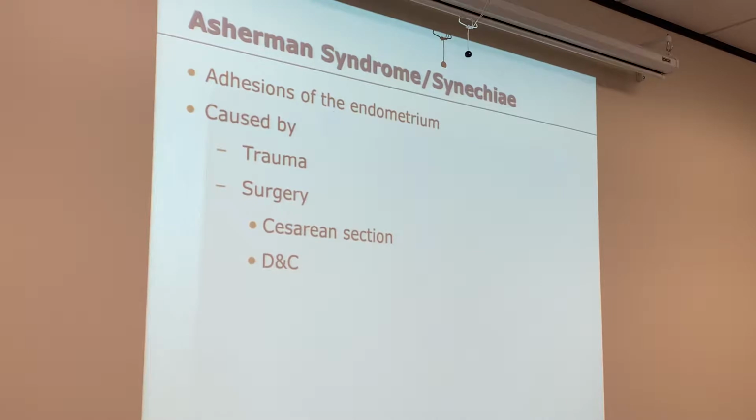Okay? Anytime that my endometrium is, they call that iatrogenic, when we cause it, instrumentation causes it. And basically it's just adhesions that build up inside of the endometrium, and they are usually linear.